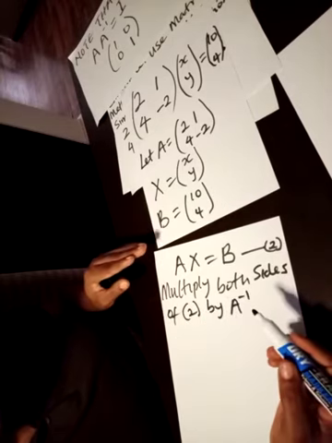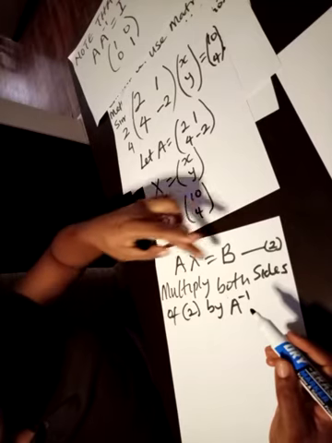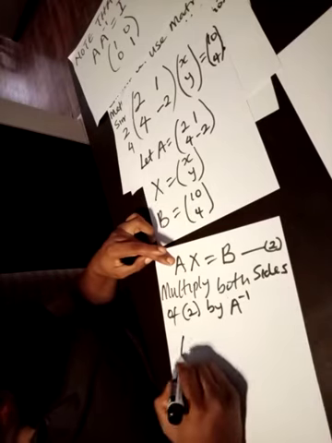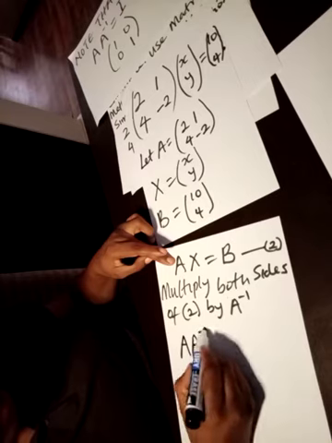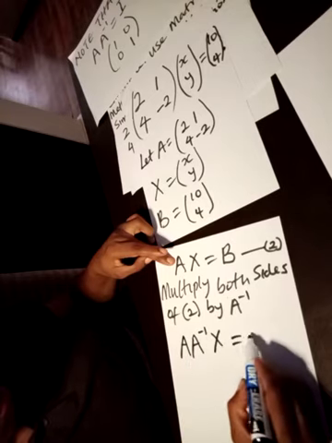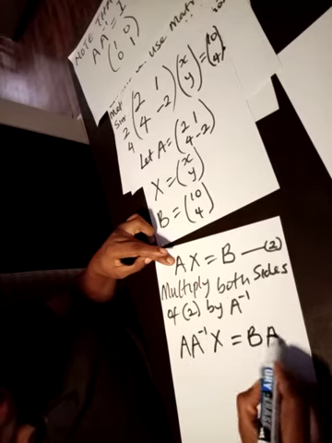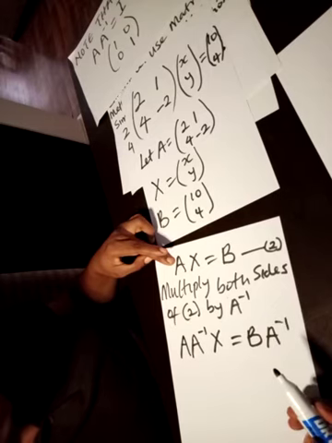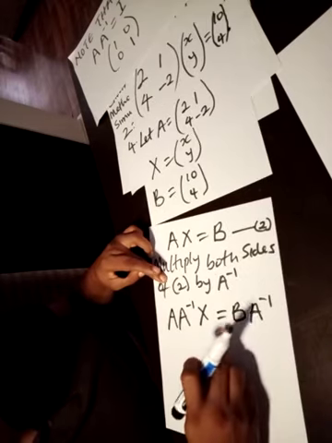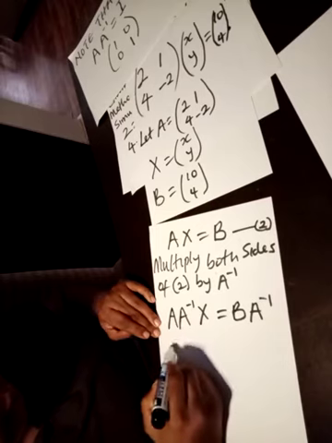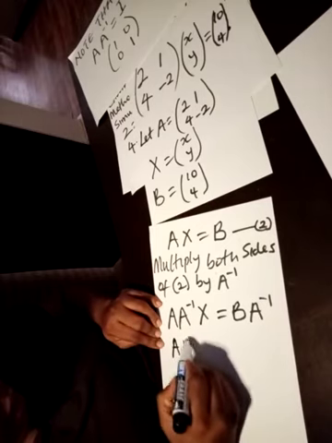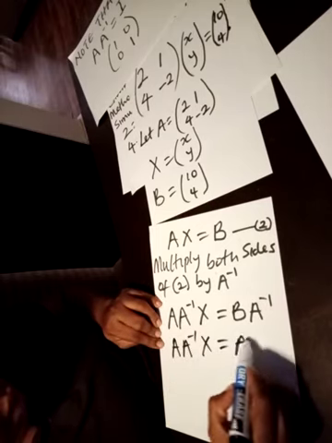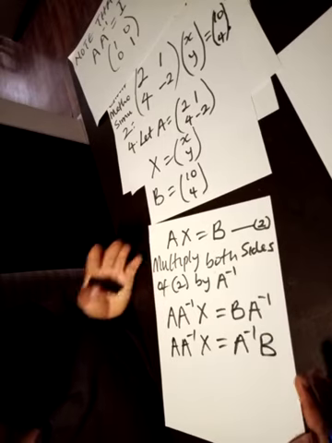If I multiply both sides, that is this side and this side, by A inverse, I will have A multiplied by A inverse with X equals B multiplied by A inverse. Do you see that? So I can write my A before B because A comes first in the alphabet. So I have A inverse X equals A inverse B. You get that now.